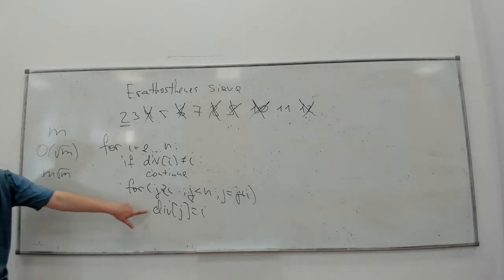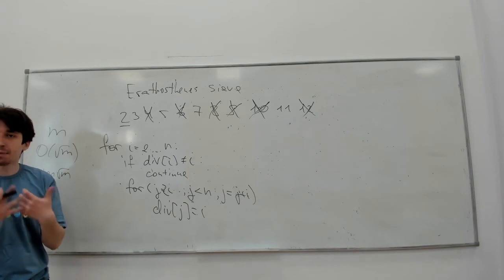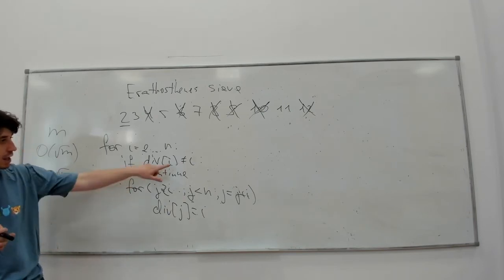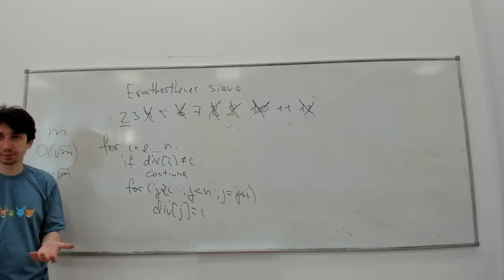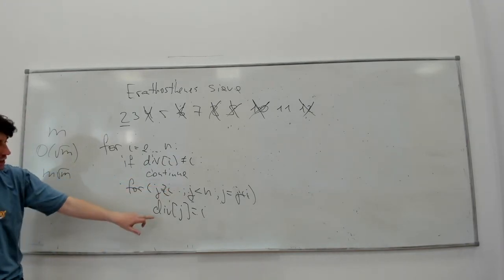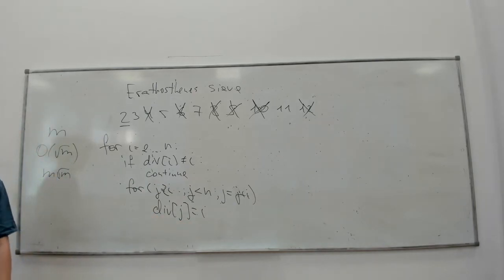So this array div will give you some prime number by which it is divisible. If it is equal to i, then it is the prime number. Otherwise, we go over everything and set the divisor to some prime number.